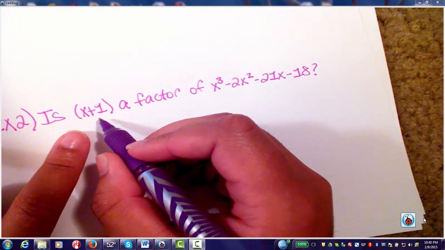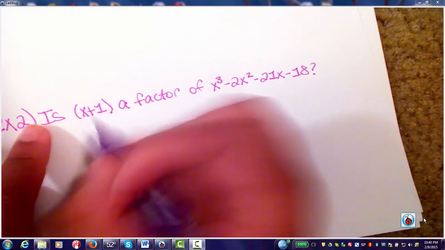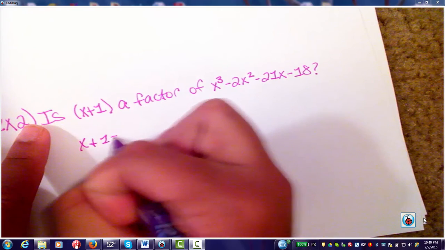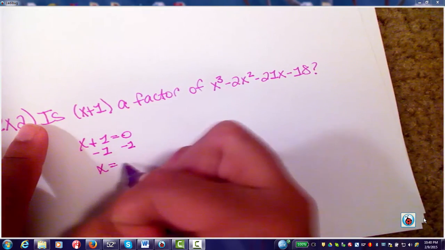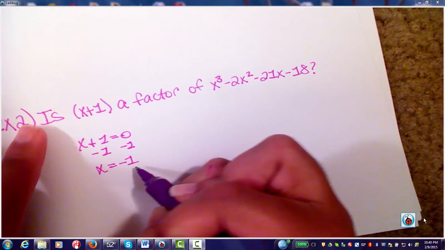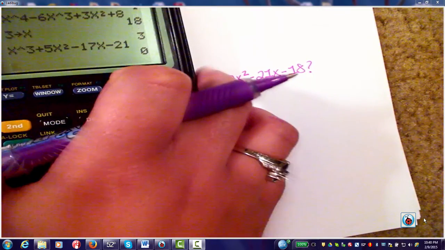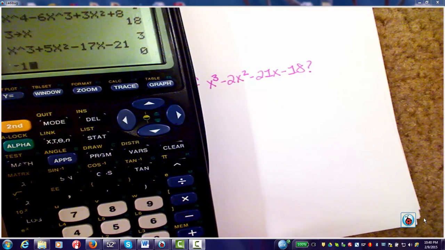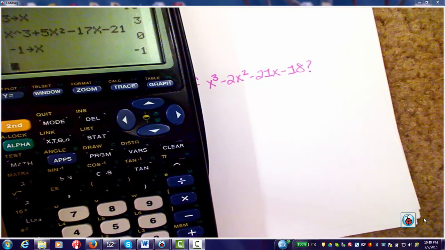Because remember, we do the opposite. If we had set this equal to 0, x would be -1, which is why we substitute -1 instead of +1. Alright, so let's store -1 as x. So remember, hit -1, store as x, and then hit enter.